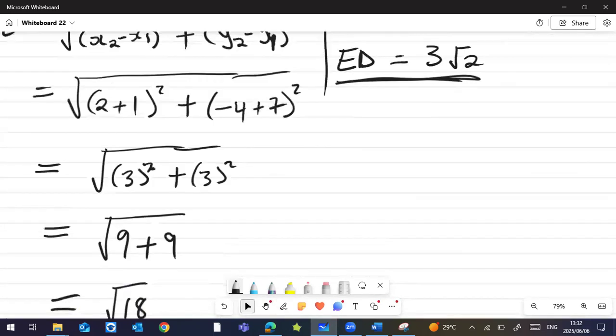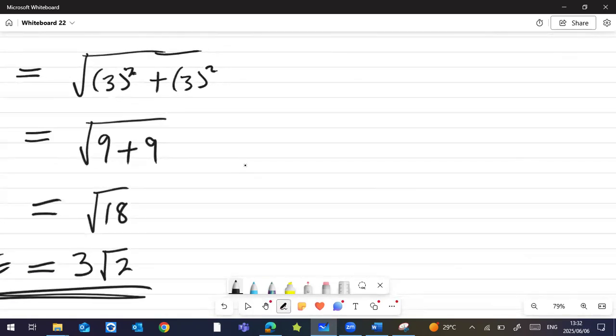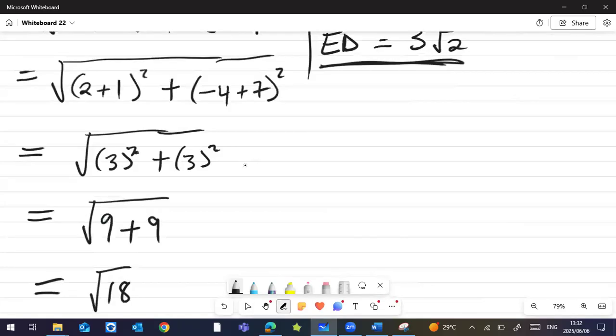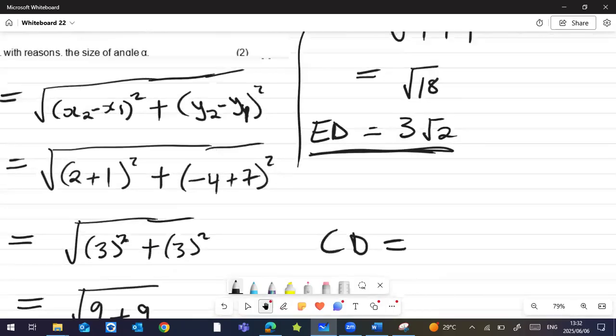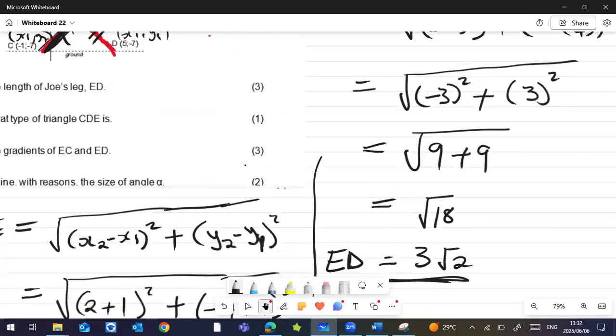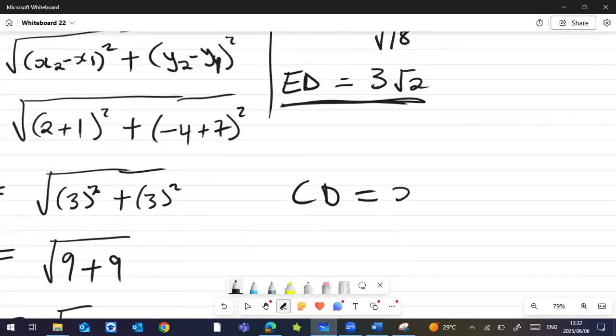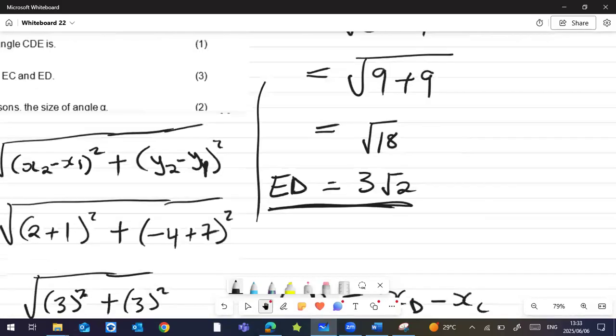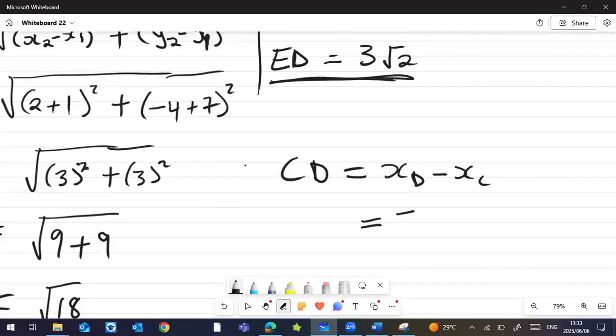Now let's see our distance CD should then be x of D minus x of C. Looking at x of D, it is 5, minus x of C, which is minus 1.